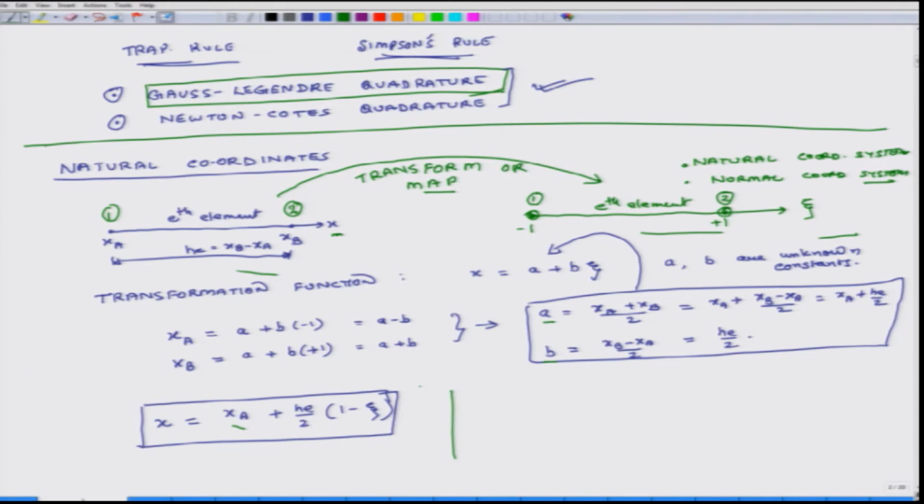Some other advantages are that in the zeta coordinate system, it is easy to construct interpolation functions.